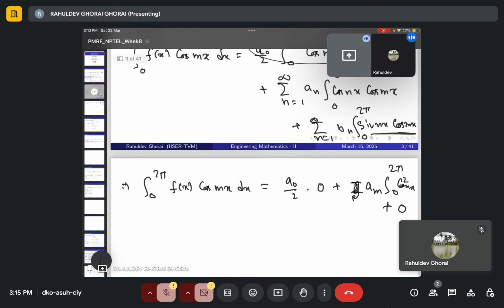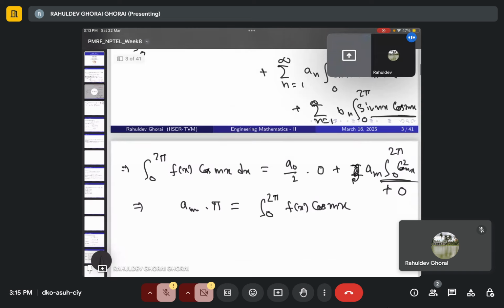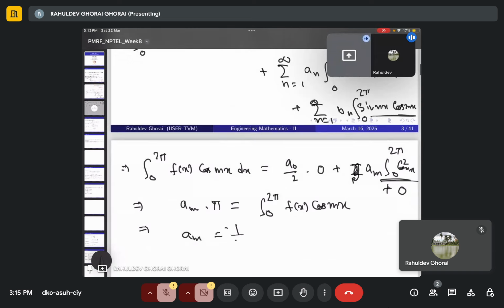So by this you can show that am, now it will be easy to evaluate, am times pi equals the integral from 0 to 2 pi of f(x) cos mx, and then am will be 1 over pi times the integral from 0 to 2 pi of f(x) cos mx.